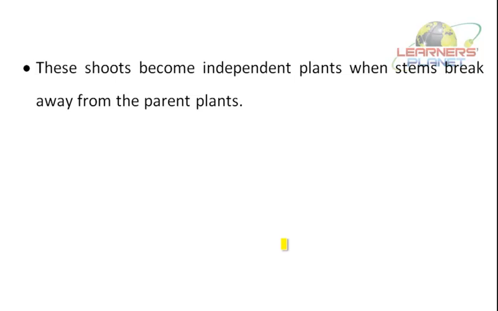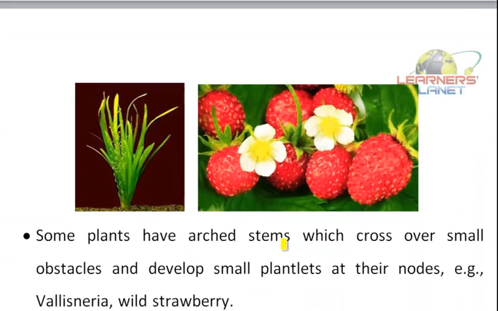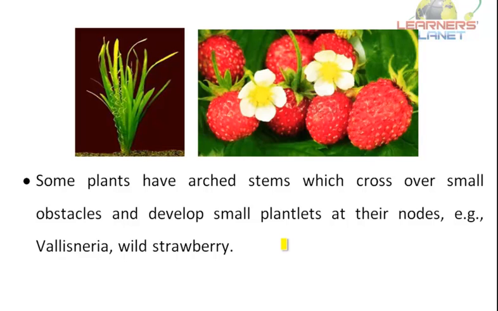Other than these, there are some plants that have arched stems which cross over small obstacles and develop small plantlets at their nodes, for example Vallisneria and wild strawberry.